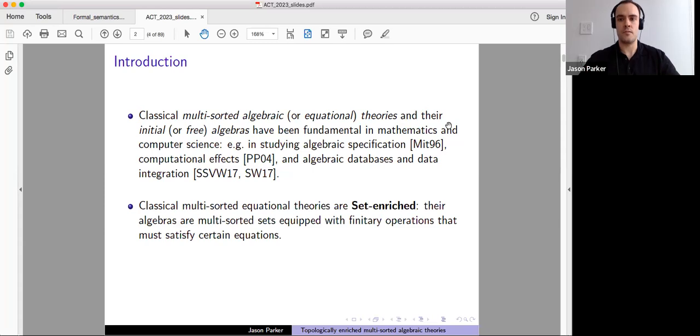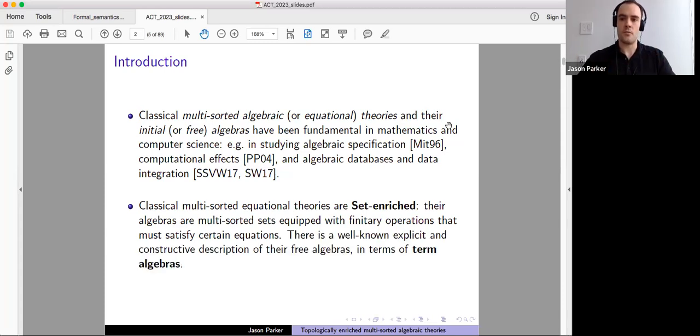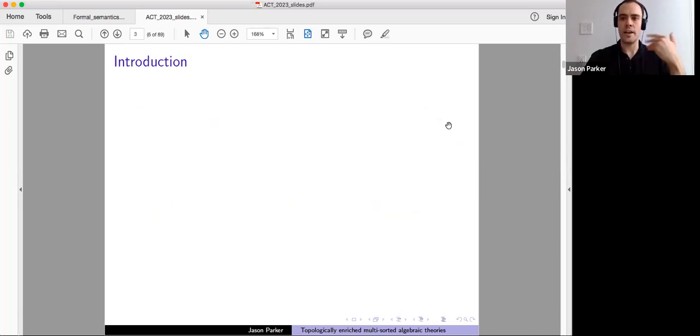Now, these classical theories are set enriched in the sense that their algebras are multi-sorted sets or families of sets that are equipped with finitary operations that must satisfy certain equations. There's a well-known explicit and constructive and in some sense inductive description of their free algebras in terms of what we can loosely call term algebras. And I will review that shortly as well.